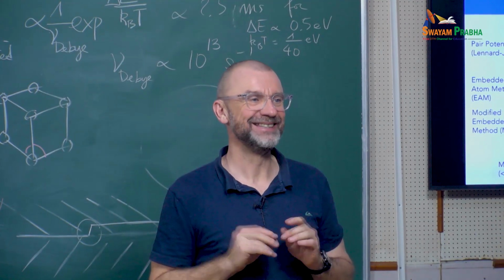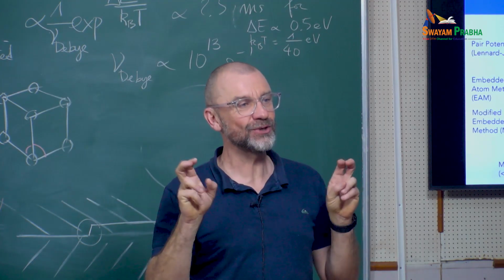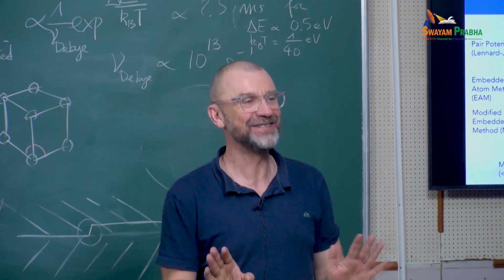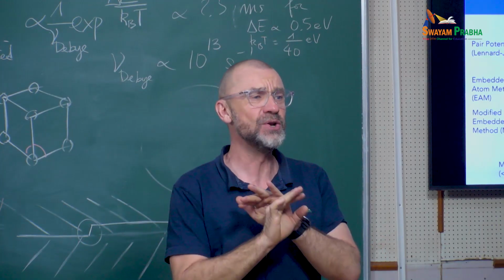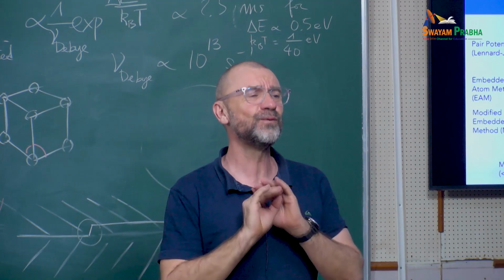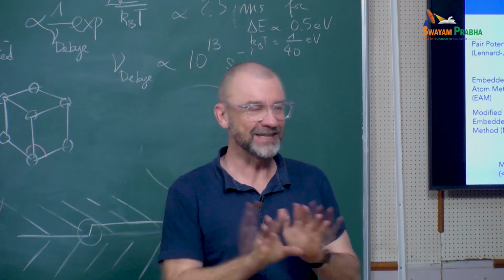So DFT, the guy or the woman who invented the word ab initio is a genius, because there are things less ab initio than DFT, but DFT is by no way ab initio in the sense of parameter free. DFT is full of parameters, full of choices, and that's what I was saying.